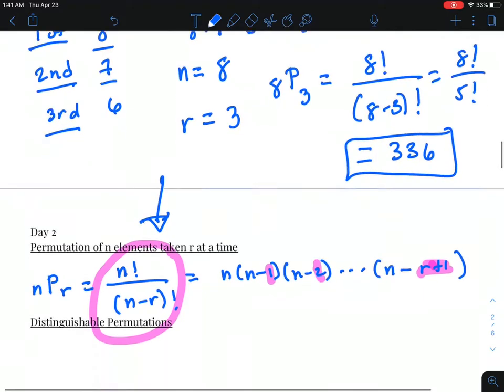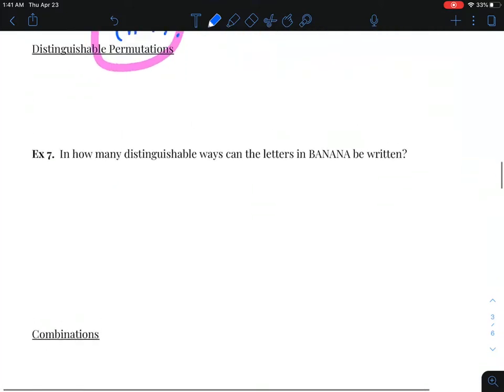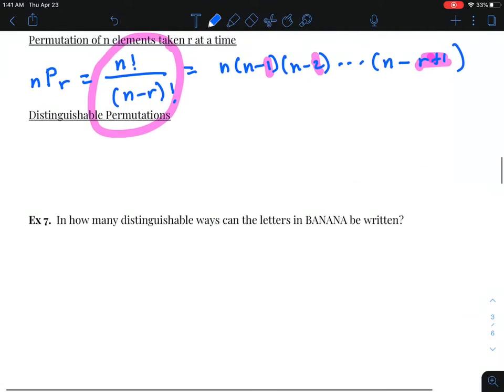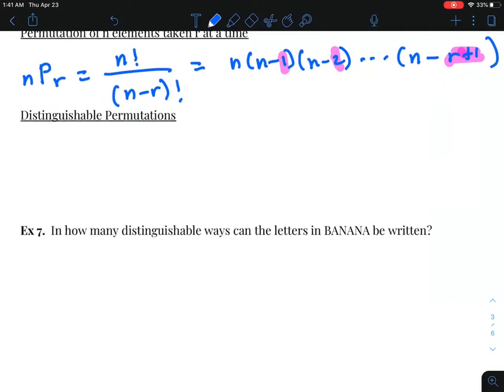All right, so, distinguishable permutations. We don't have much room, but we're going to write this formula right here.